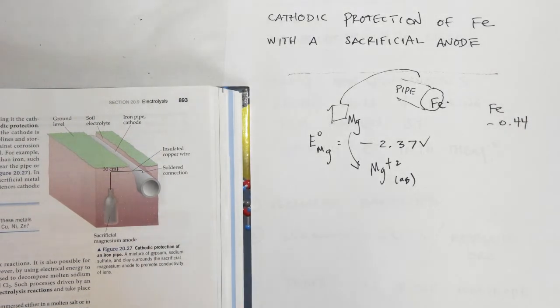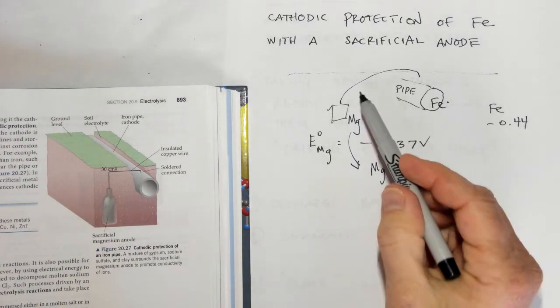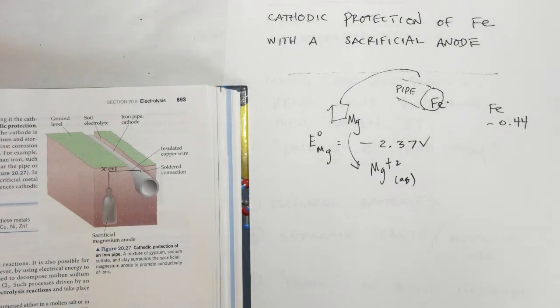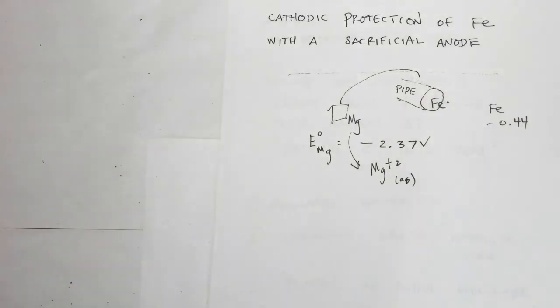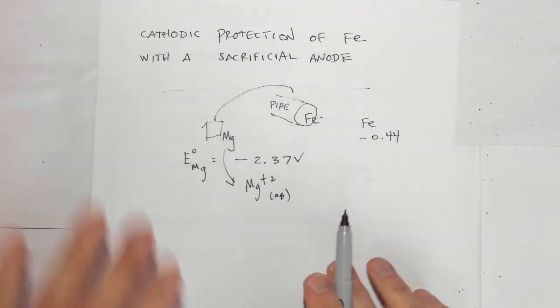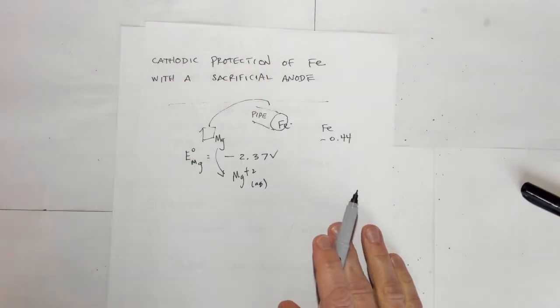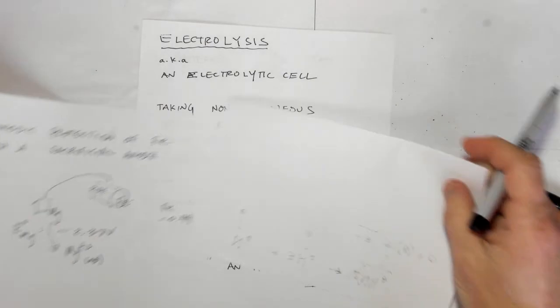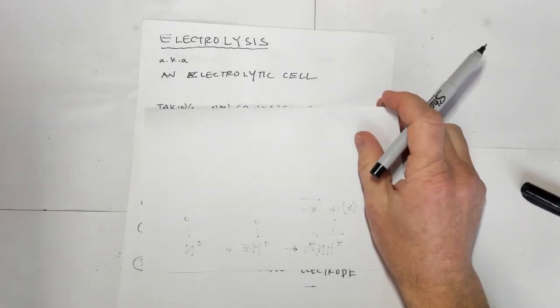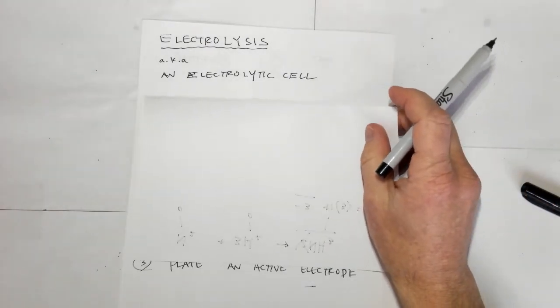So you'll find a chunk of magnesium lots of times wired or soldered or connected to your outboard motor, or if you ever dig up a pipe and see a little extra chunk of metal next to it, it's probably the sacrificial anode that is connected to protect the pipe from being destroyed, or I should say oxidized as well.